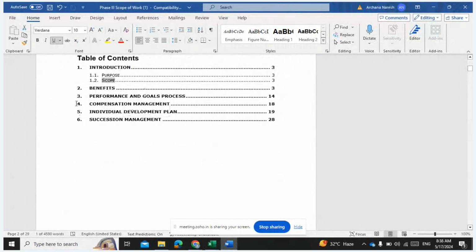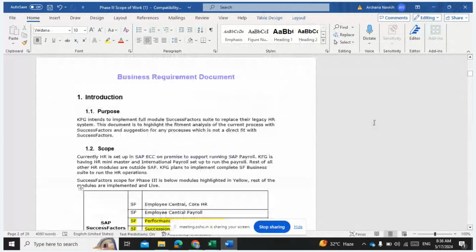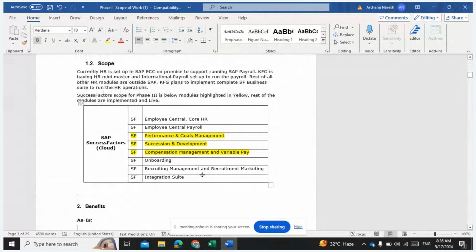These are the modules in scope. For each module, they might have given the purpose and the scope. Look at the scope: Employee Central core, payroll, performance, succession, compensation, onboarding, integration suite, and this one.